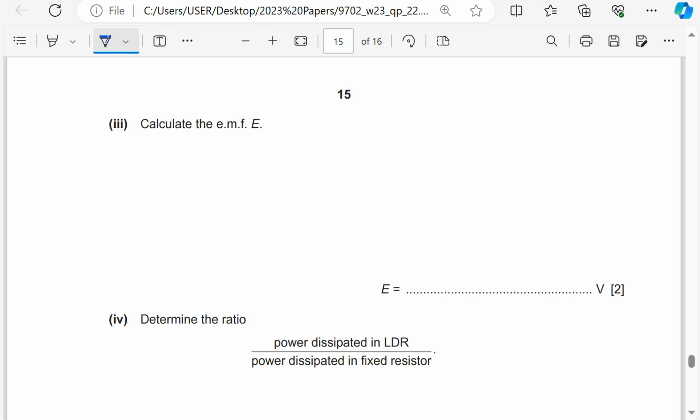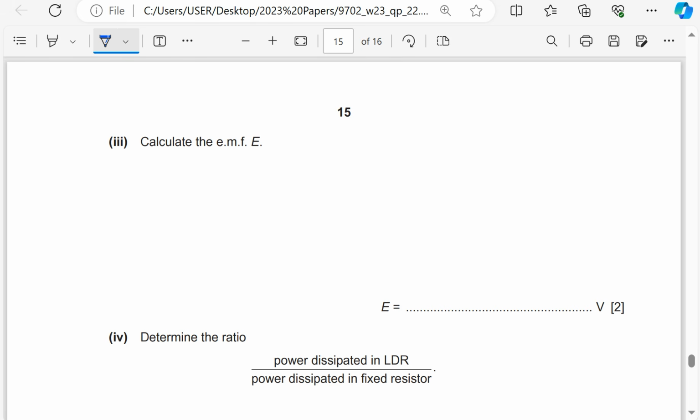Then calculate the EMF E. The EMF is of course going to be the PD across the LDR plus the PD across the fixed resistor. Or, since they are in series, the current is equal to the EMF over total resistance. So the EMF E is going to be the current times total resistance.